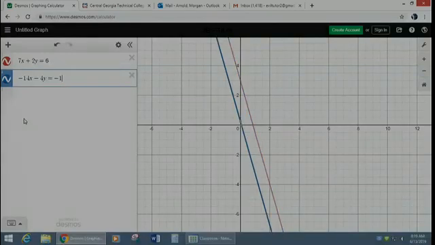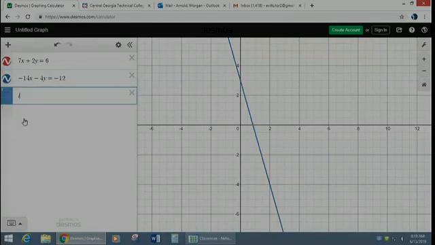So that is one of our special cases where the lines coincide, or actually are the same line. So for this system, because the two lines are one and the same, your answer would be infinitely many solutions.